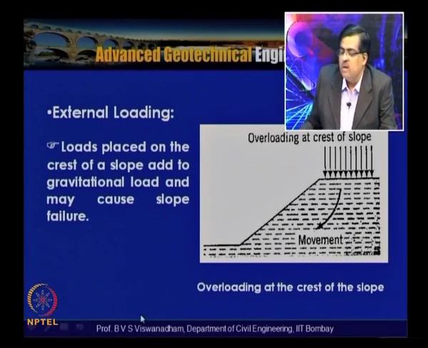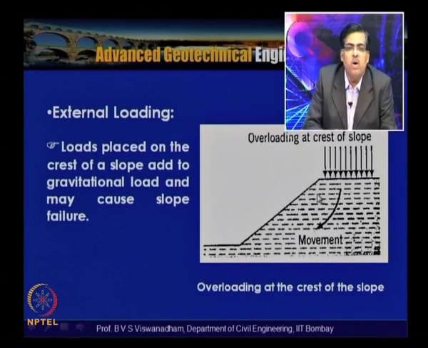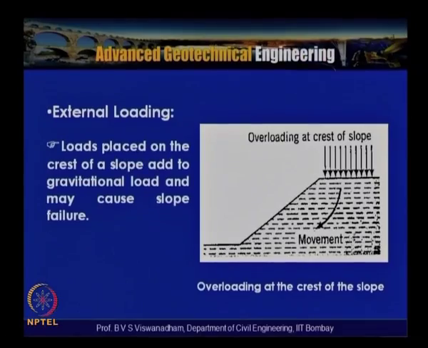If this loading takes place far away from the crest, the external loading will not have any influence on the slope, but if the overloading happens close to the crest of the slope, then the loads placed on the crest add to the gravitational load and may cause slope failure.